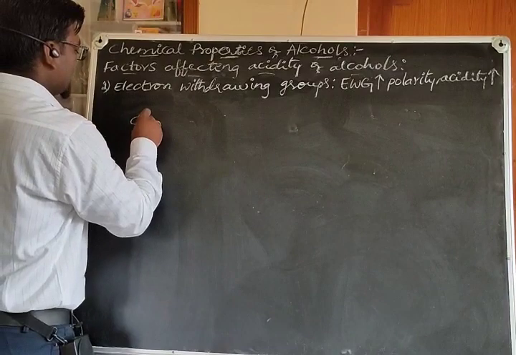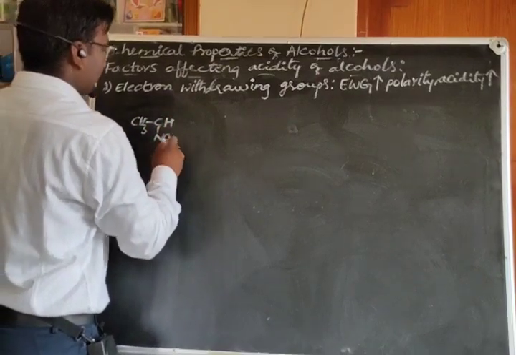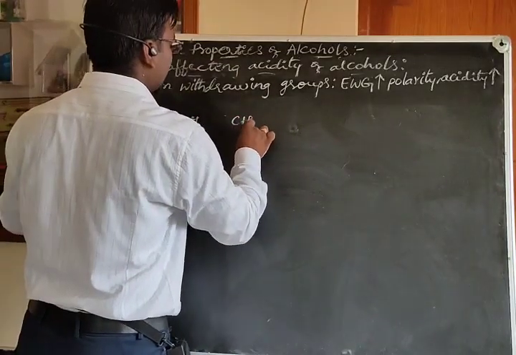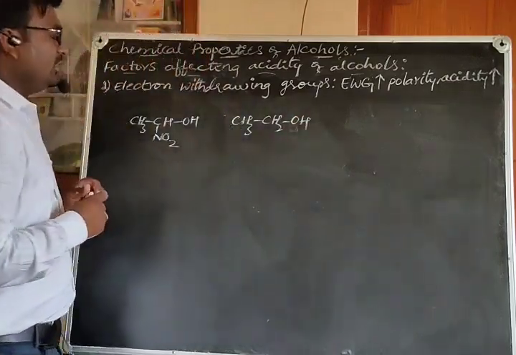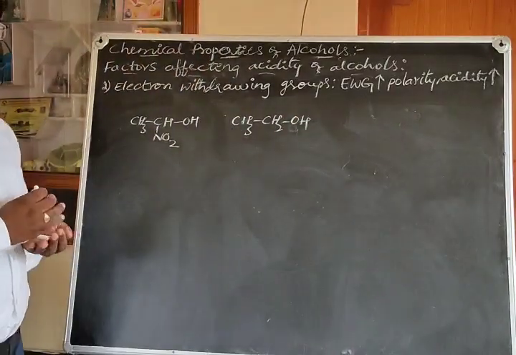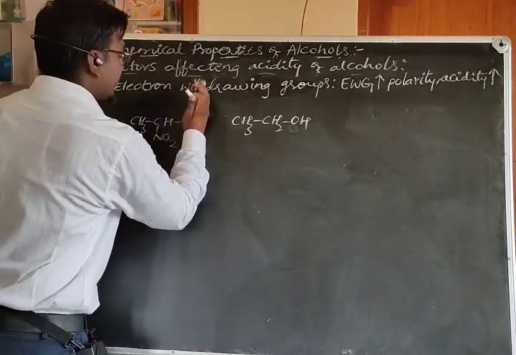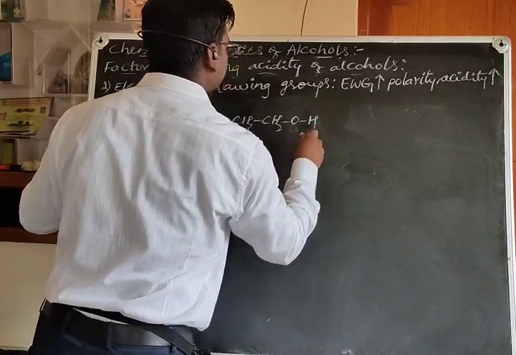You have CH3CH2NO2 with OH, and CH3CH2OH. Here it is all about the polarity of the OH bond.